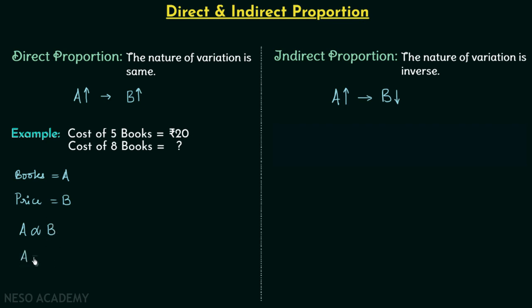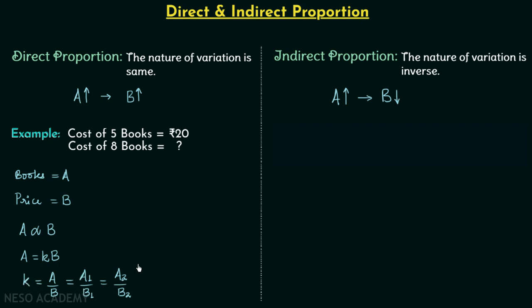So if I remove it, we will have equal to in place of it, and we will multiply constant, let's say K, to B. From here we will have K will be equal to A divided by B. Now this constant K will remain same for different values of book and prices. So I can say if we have A1 over B1, we will have same constant, or if we have A2 over B2, we will have same constant, and so on.